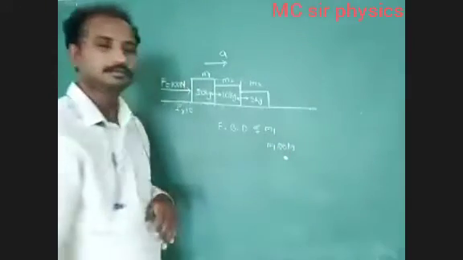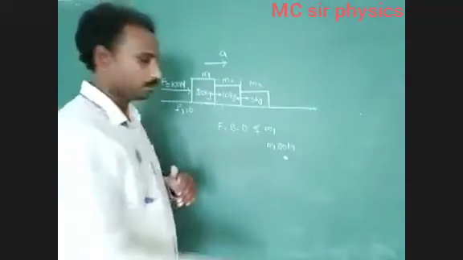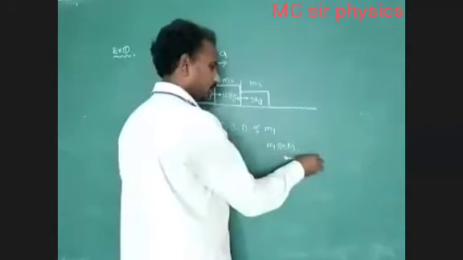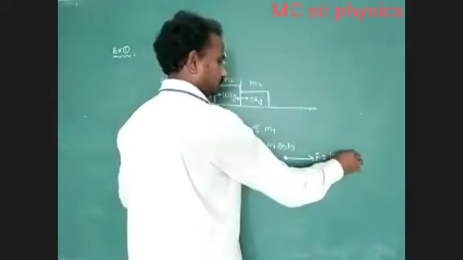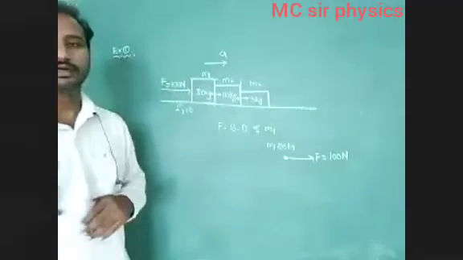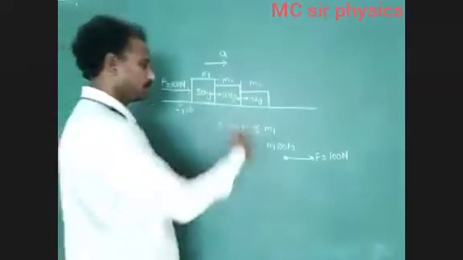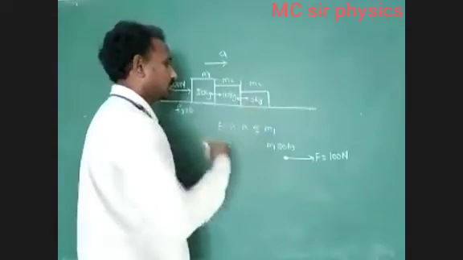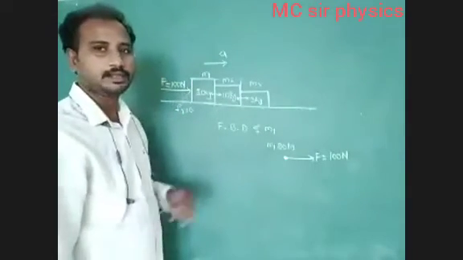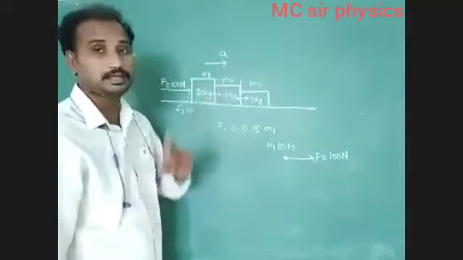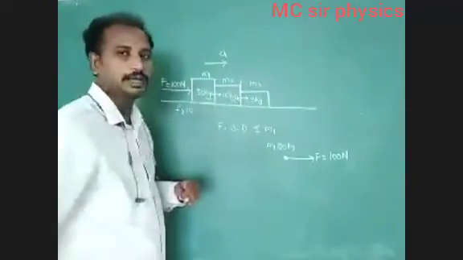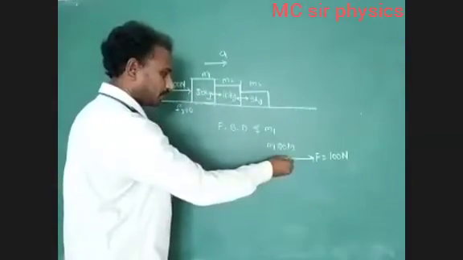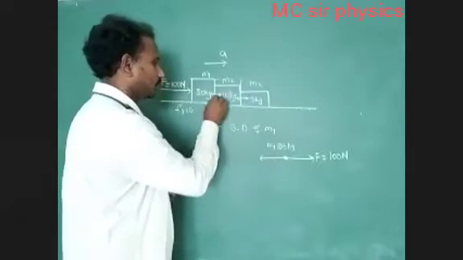The applied force we represent as capital F equal to 100 newtons. Next, we consider the contact force provided by the 10 kg mass. In which direction? Opposite to the applied force. Represent that contact force as F1.